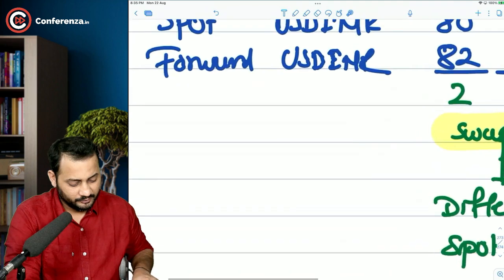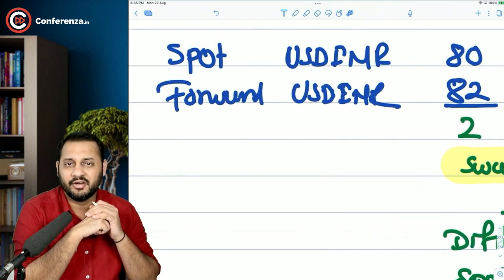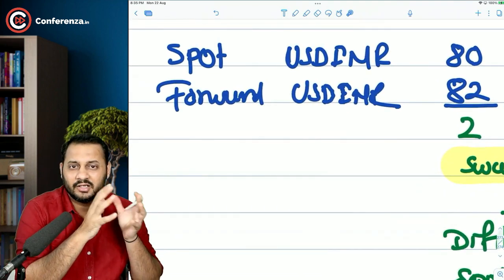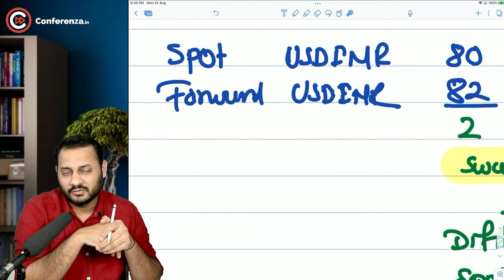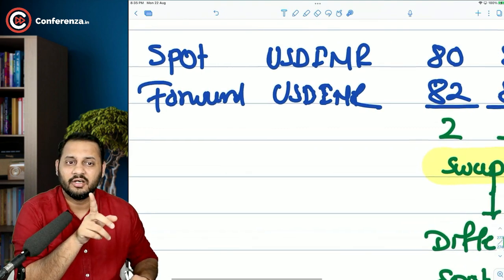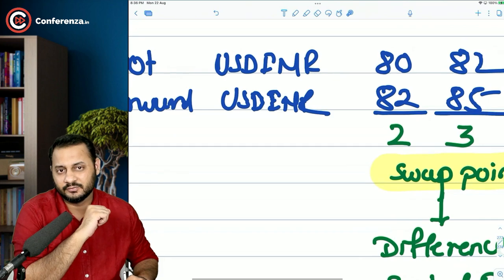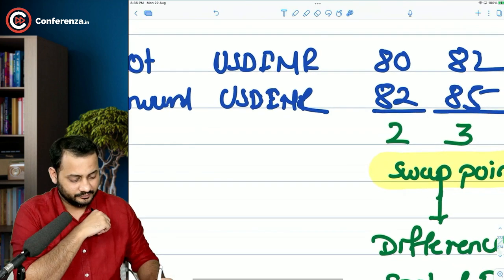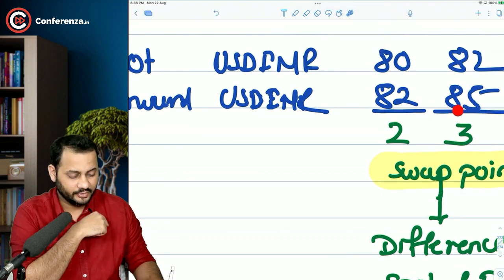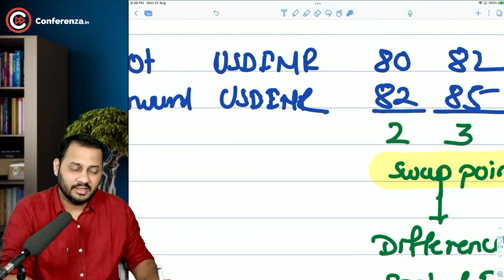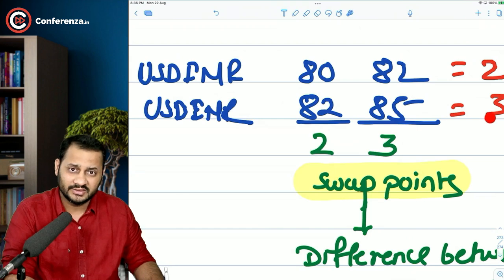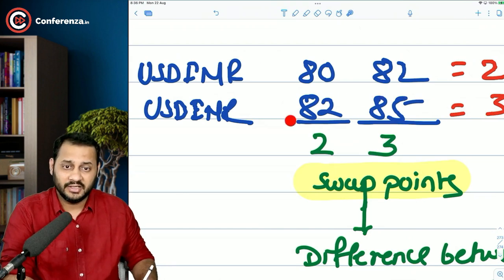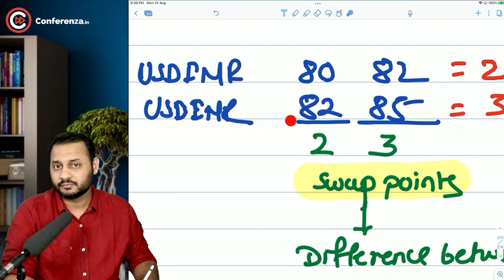So let's say, for example, you have only been given the bid rate and then they are giving you a spread of 2 rupees. What does that mean? It means 82 will become the ask. And if they have given 85 rupees as an ask rate, and then they have given 3 rupees as the spread, then 82 will be the bid.